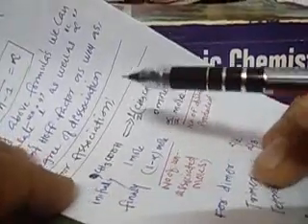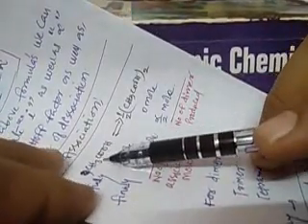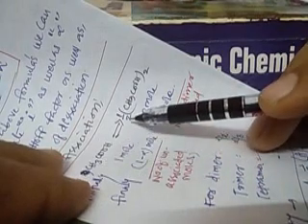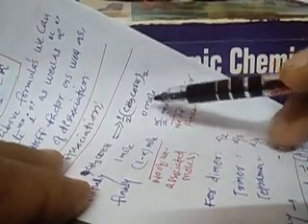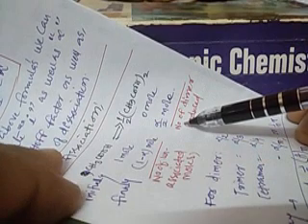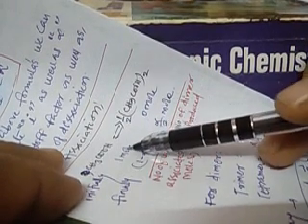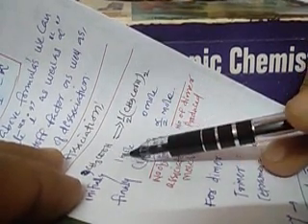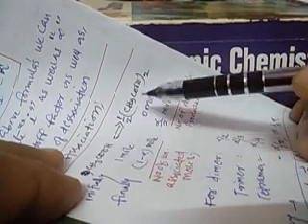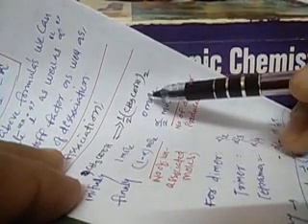If we understand association, suppose we take CH3COOH, then we will get half mole of dimer at the end of the association. So initially we have 1 mole of CH3COOH and 0 mole of dimer produced.